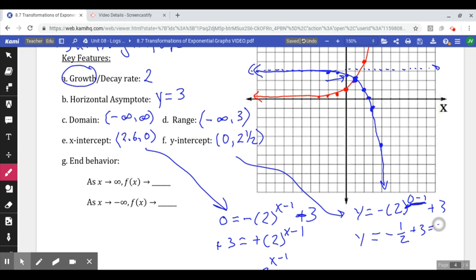And negative 1/2 and 3 is definitely 2.5. So there's your y-intercept. In terms of the end behavior, as x approaches infinity, the y values just keep going down and down and down. And as x approaches negative infinity, the y values approach or get closer to 3. So we want to list our end behavior as x approaches negative infinity, f of x would approach 3.